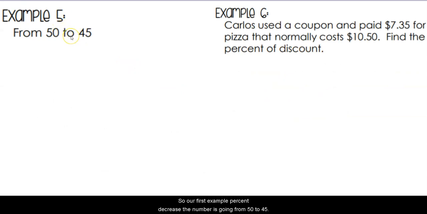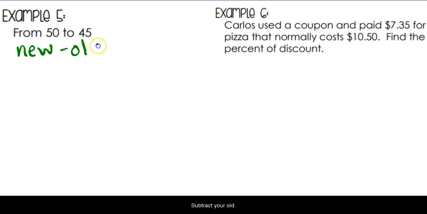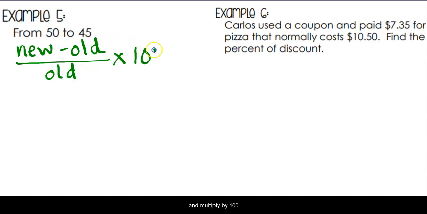So our first example, percent decrease, the number is going from 50 to 45. Same formula, okay? So you're going to take your new, subtract your old, divide by the old, and multiply by 100. So our new is 45 because we're going from 50 to 45.